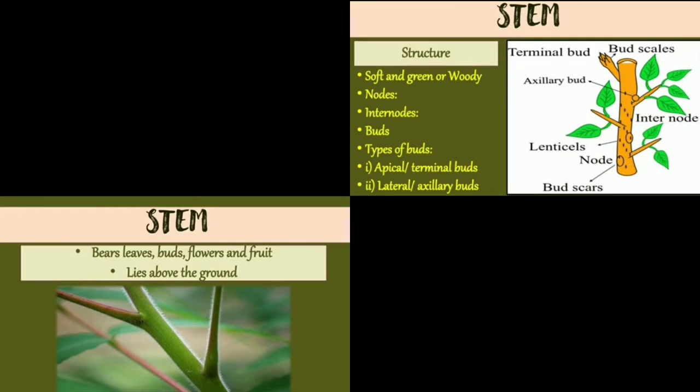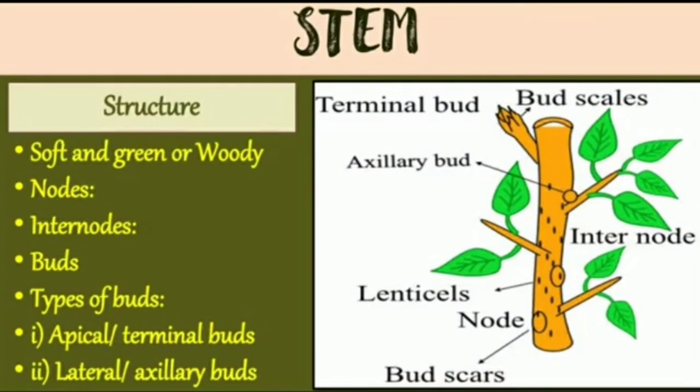So let's see the structure now. These stems are soft and green, or they can be woody. Nodes are also present on the stem.